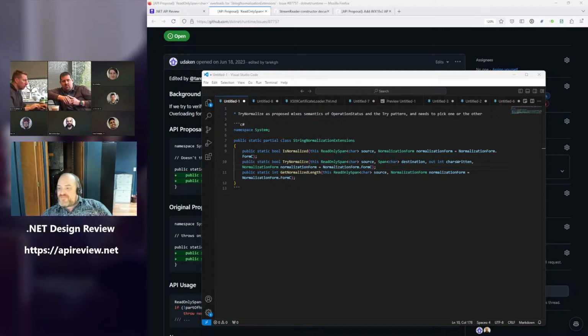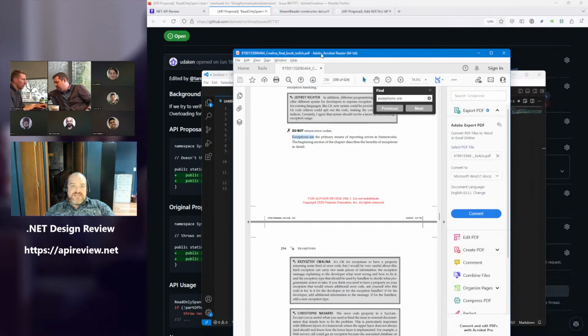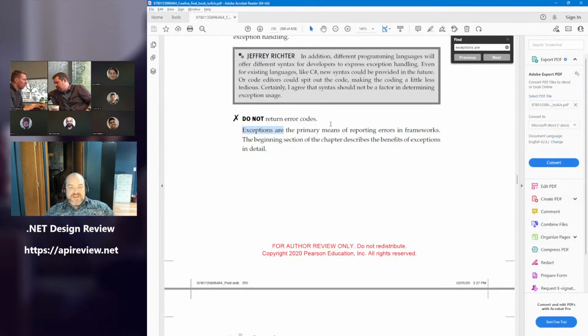But I don't think we need the try normalize. Again, this is a guideline from the .NET Framework Design Guidelines: do not return error codes. Use exceptions. Exceptions are how we do it.